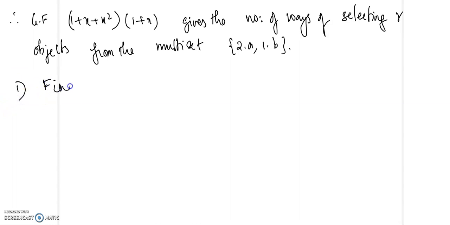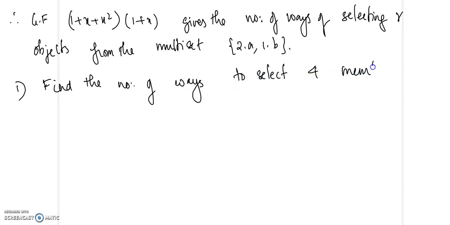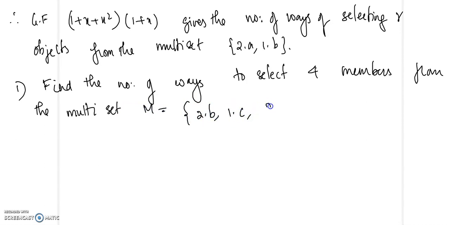Find the number of ways to select 4 members from the multiset M equal to {2·b, 1·c, 2·d, 1·e}.